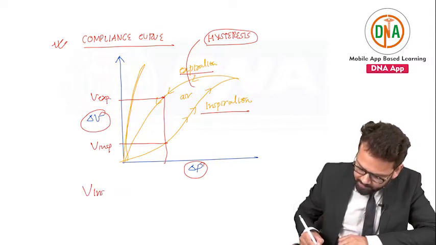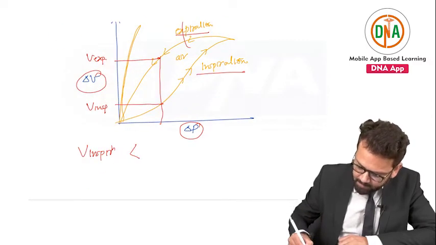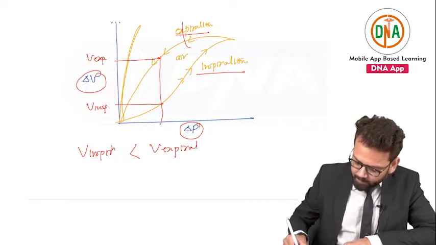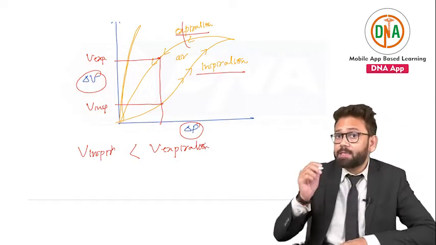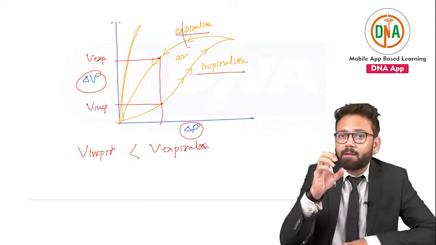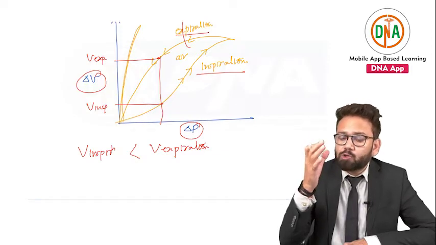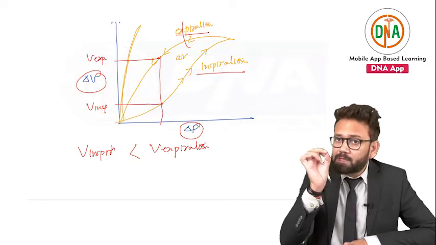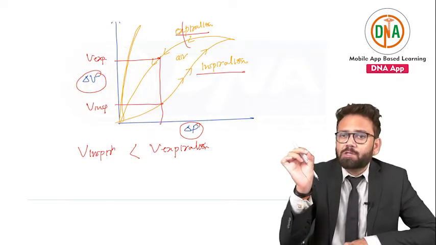Volume during inspiration is less than volume during expiration. It is less when we inspire, more when we expire. So your lung is behaving differently during inspiration and expiration, and this phenomenon is called hysteresis loop.